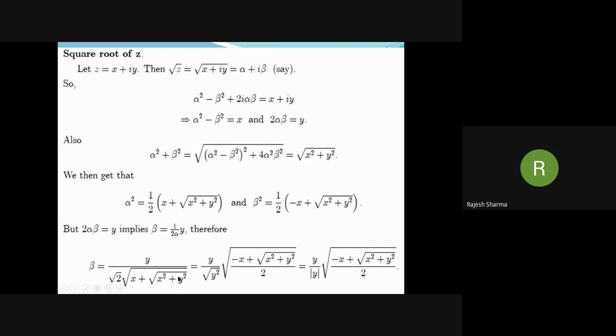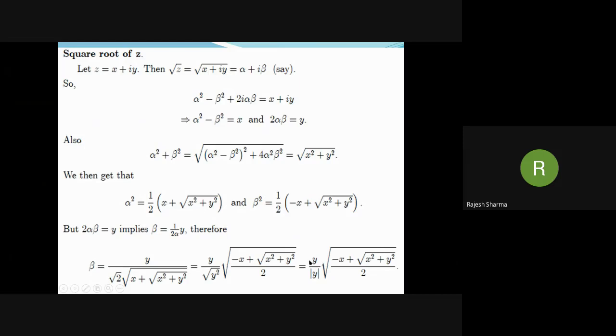And on rationalizing this, we get this equal to y over under root y square and under root of this expression. Now we write under root y square as mod y. Similarly, if we take here negative square root, then beta comes out to be equal to this with minus sign.